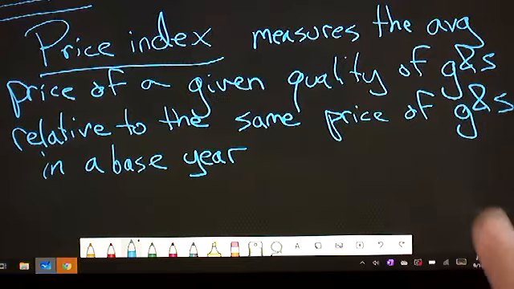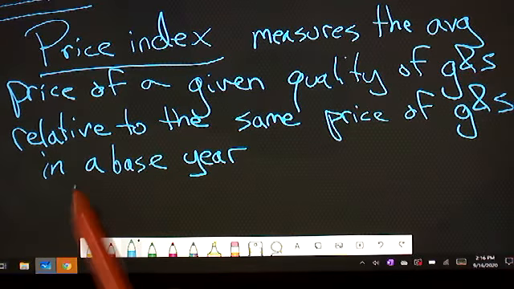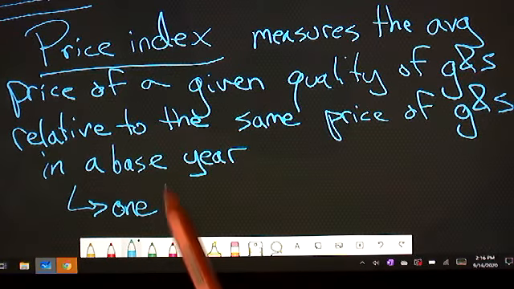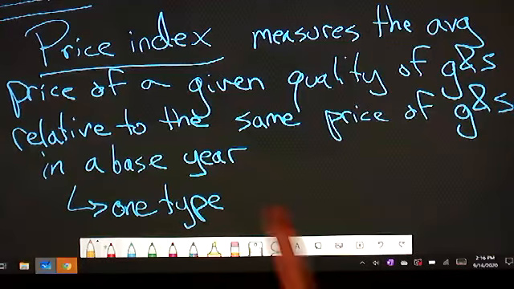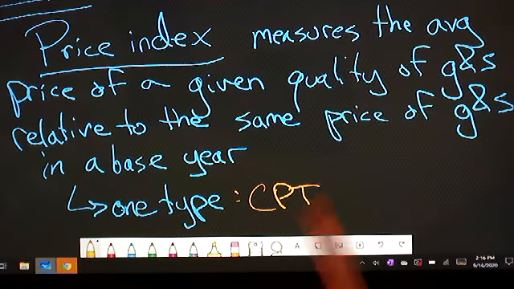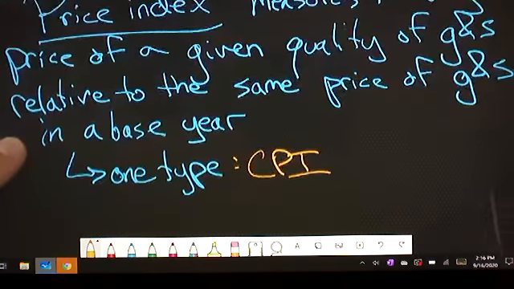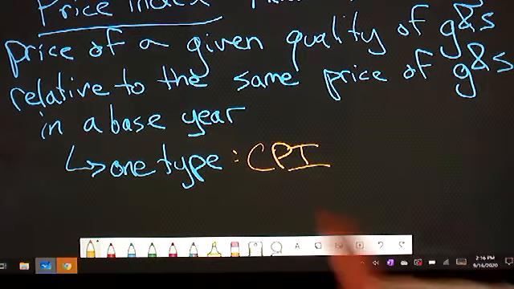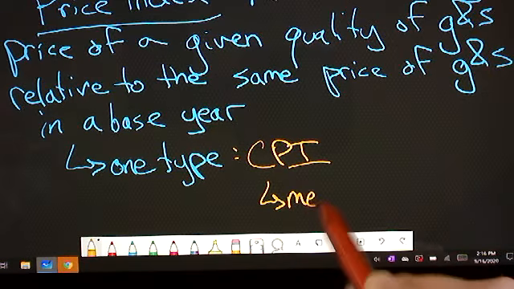So CPI is one type of price index. And what is the CPI doing? The CPI is measuring the changes in consumer prices.